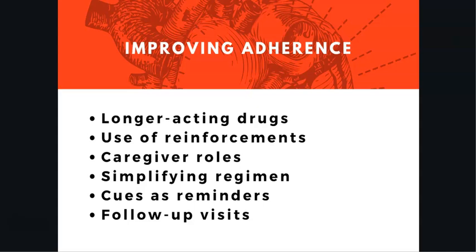Caregivers, talk to them, because maybe it's a geriatric patient and they have an adult child that is still bringing them to the appointments. We'll talk to them about helping out with their parents' medications. Simplify the regimen. If you can take away some medications and not have them taking 10 medications, but still get the same therapeutic effect, that's a great idea.